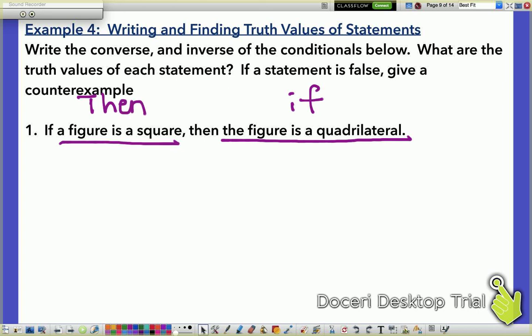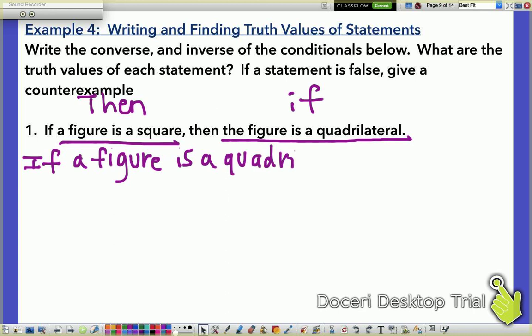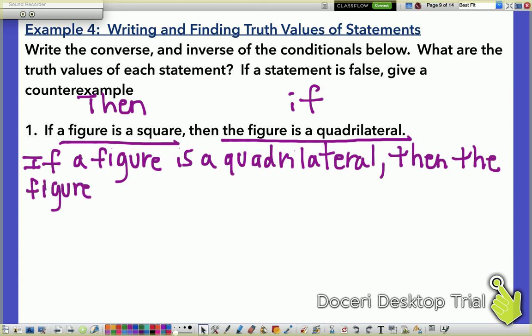So we write if a figure is a quadrilateral, then the figure is a square.